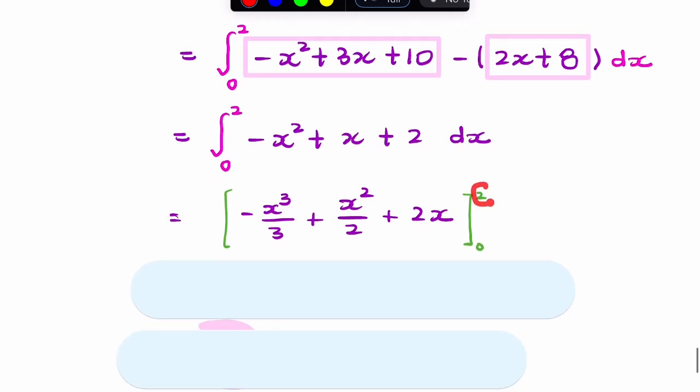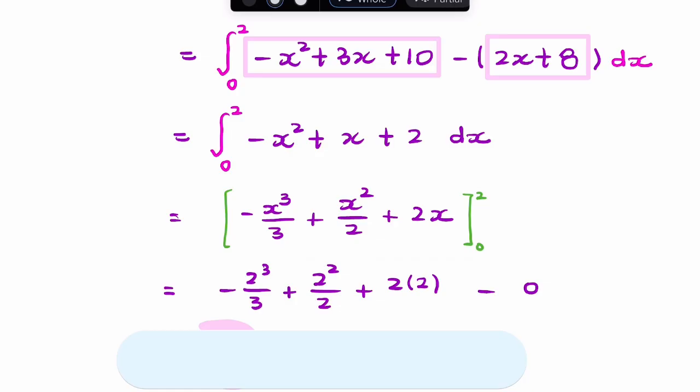We write down our two limits, 0 and 2. Then you substitute 2, the upper limit, instead of x, and then you substitute the lower limit, 0, and you subtract. So it's the result of substituting 2 minus the result of substituting 0.